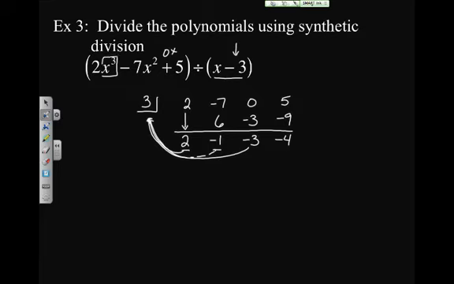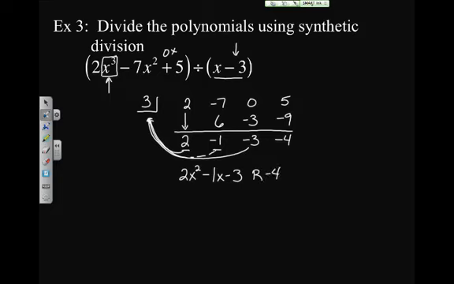It's still a polynomial. We know that answer is going to be a polynomial. But when we look at this term that we were dividing, we've got an x cubed there. Whatever that degree is, your answer will always be a degree that's 1 less. So your first term is 2x squared, and then you're going to have minus 1x minus 3, and then you're going to have a remainder of negative 4.